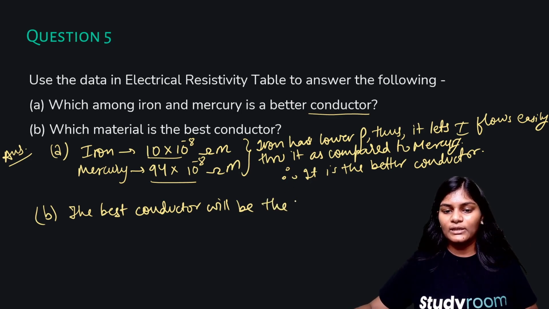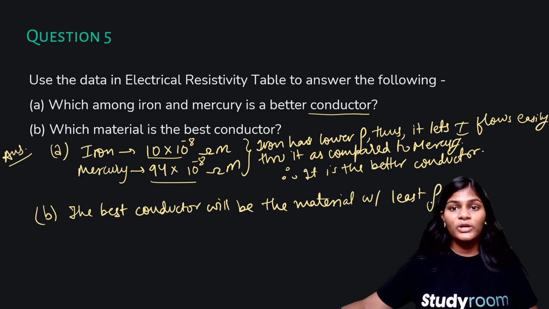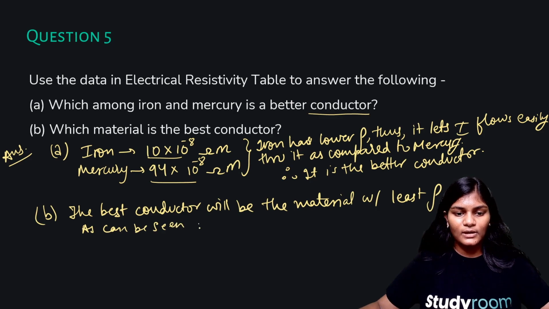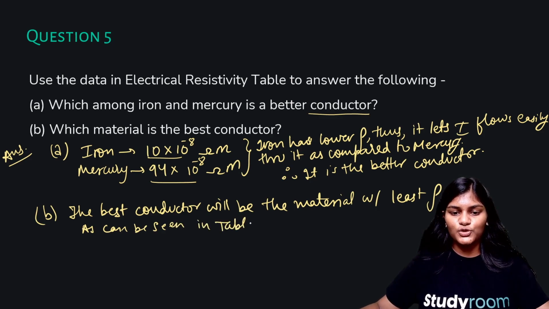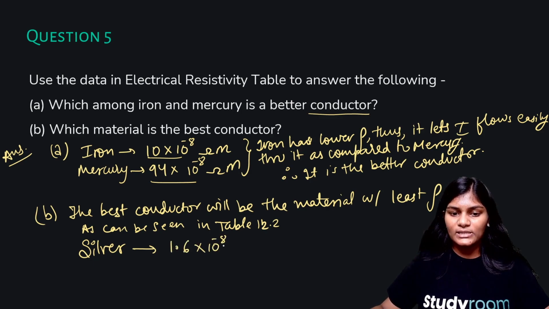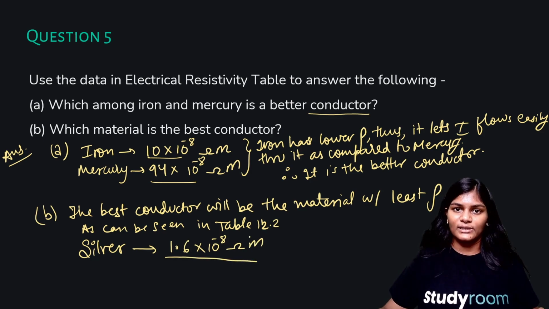Would be the material with least rho, which, as can be seen in table 12.2, is silver. Silver has a resistivity of 1.6 into 10 to the power minus 8 ohm meter. Thus, it makes it the best conductor.